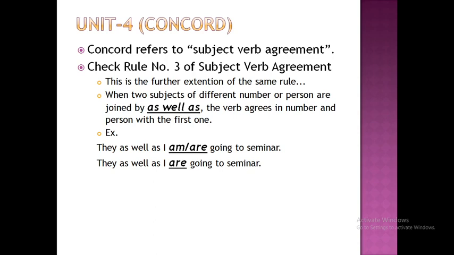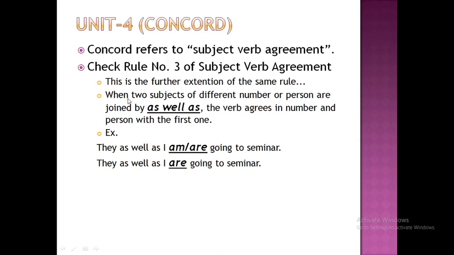In subject verb agreement, the rule number 3, which I explained in my video, the same rule with another extension is given here. And why did I mention this? Because this too was given in the question paper.